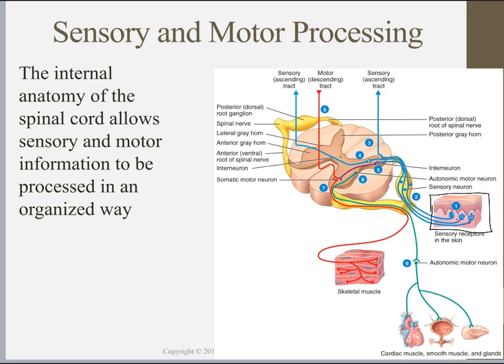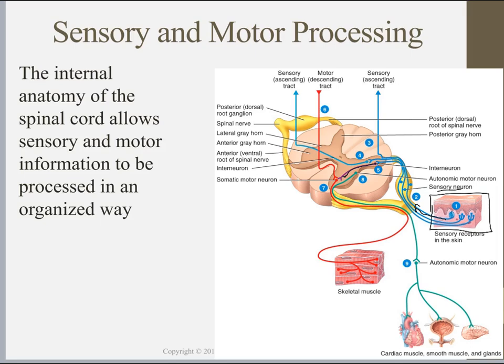And again, could be pain, hot, cold, touch, light touch, crude touch, pressure, etc. It sends that information into the dorsal root of the spinal cord, at which point we see these unipolar sensory neurons, and it will synapse here inside of the gray matter where our interneuron is.